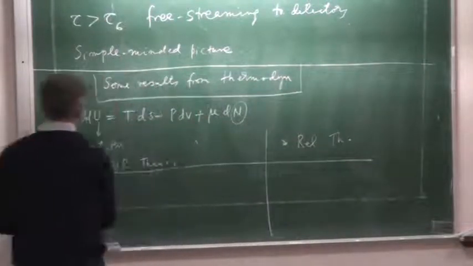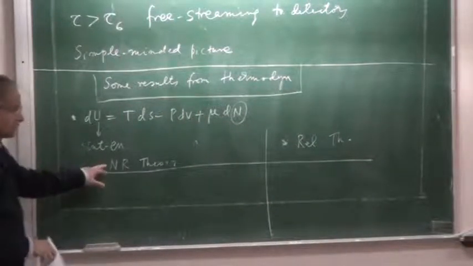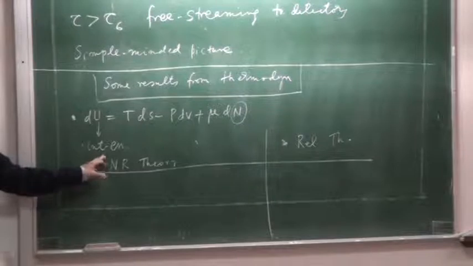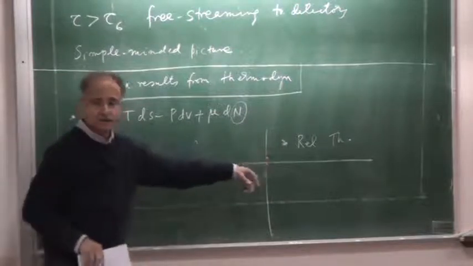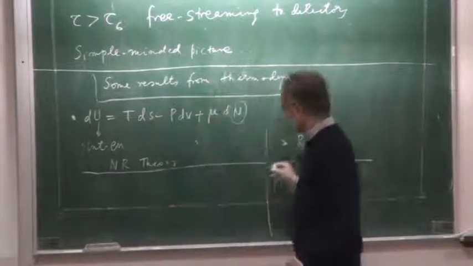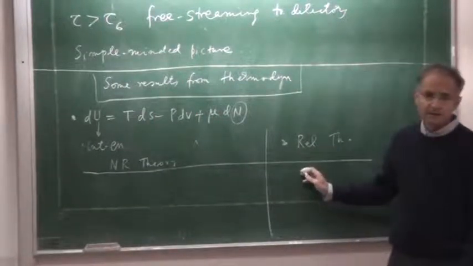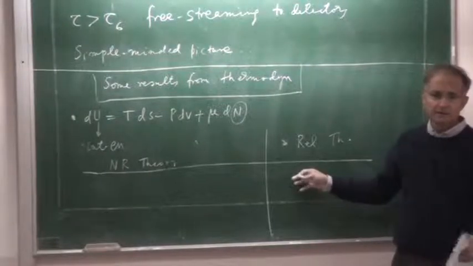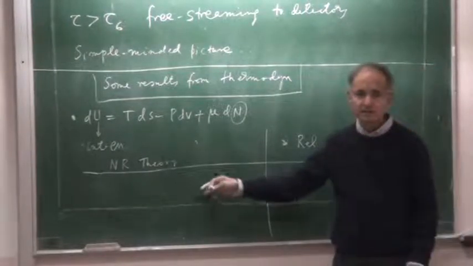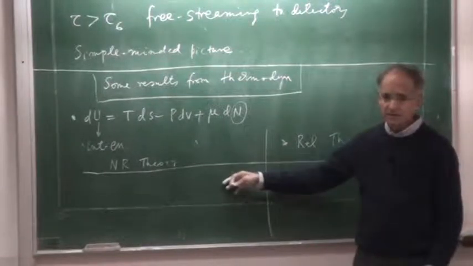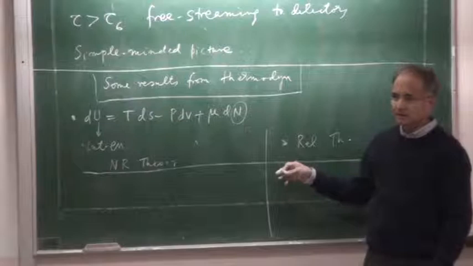In a non-relativistic theory, normally the internal energy does not include the rest mass, while in the relativistic case, the internal energy includes the rest mass. If you start here and take a non-relativistic limit, that rest mass energy will appear explicitly, which is absent here. So even if you take a limit, it may not agree with this because of the existence of the rest mass.